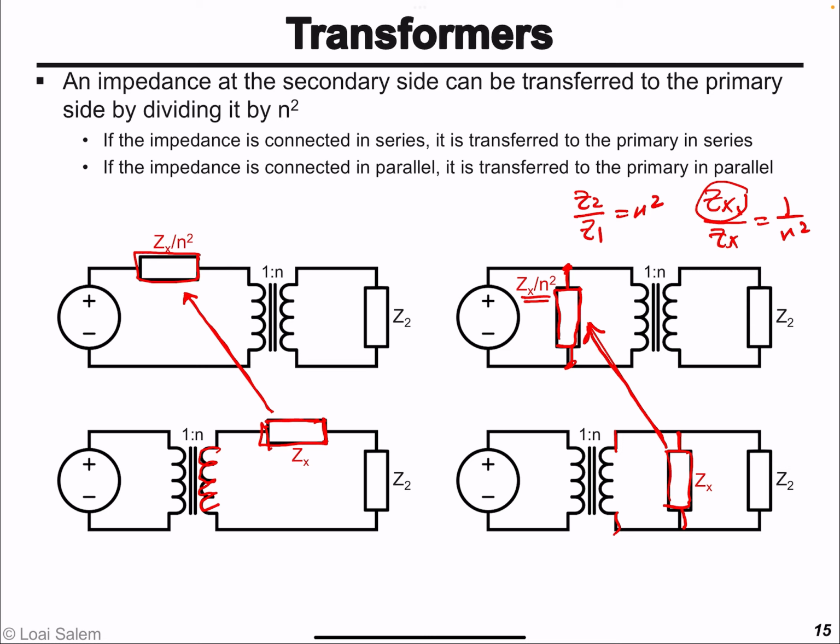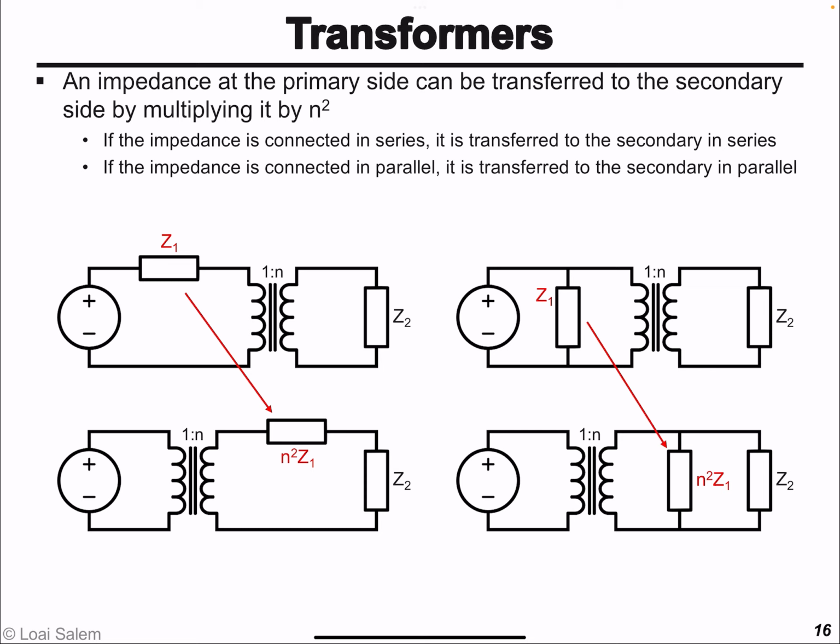And again, it will be Zx over N squared. So in both cases, it's Zx over N squared. However, in case 1, it was in parallel with L2, so we transfer it in parallel with L1. In case 2, it was in series with the secondary coil, so when we transform it to the primary side, it is connected in series in the primary side.